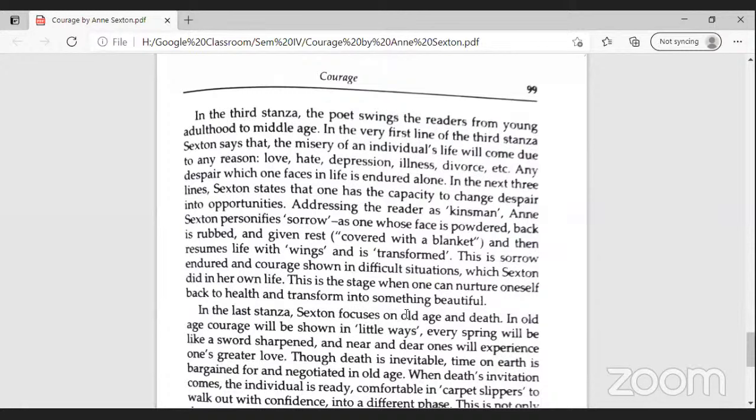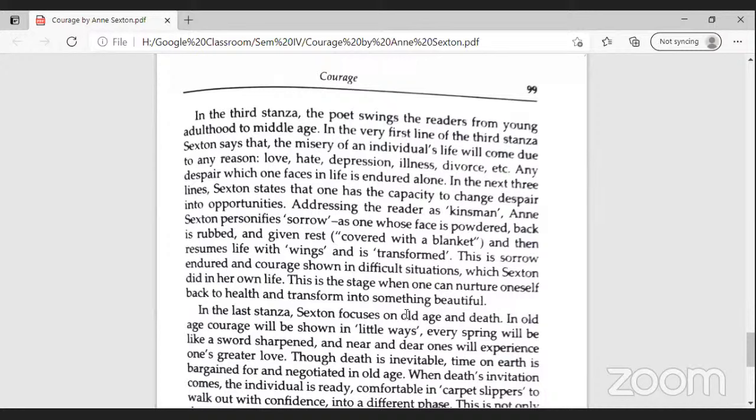one has the capacity to change despair into opportunities. Addressing the reader as kinsman, Sexton personifies sorrow as one whose face is powdered, back is rubbed, and given rest, covered with a blanket, and then resumes life with wings and is transformed.